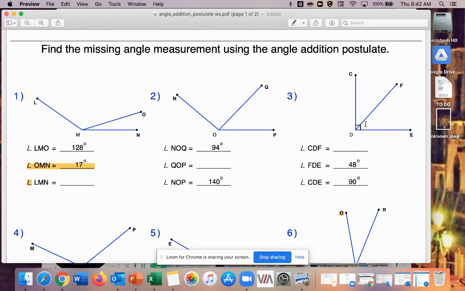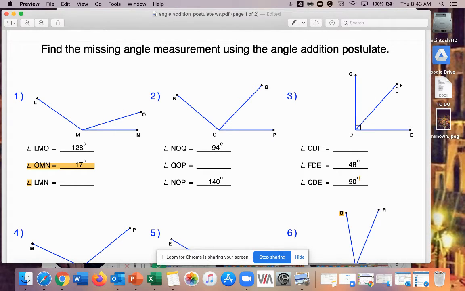I'm going to give you a second to try and go through this third angle on your own and see if you can solve it. Feel free to pause the video and try to solve it. Okay, I'm going to go over it. If you couldn't solve it, don't worry about it. We're given CD, and we need to find CDF, this section right here.